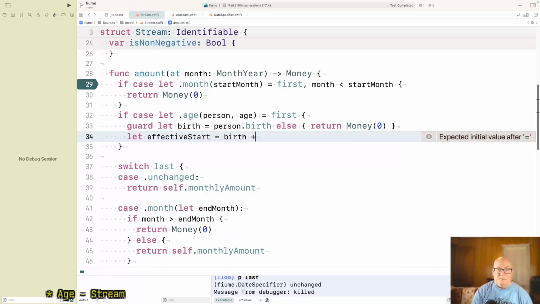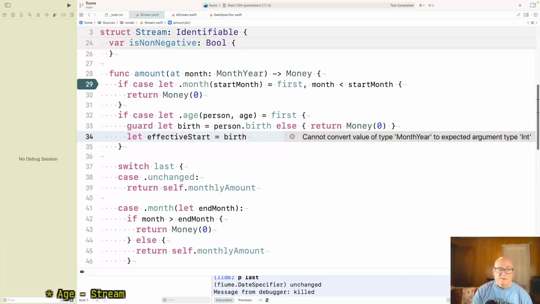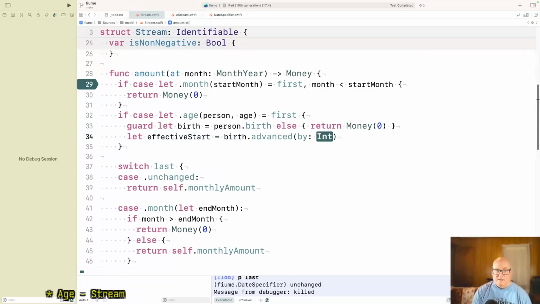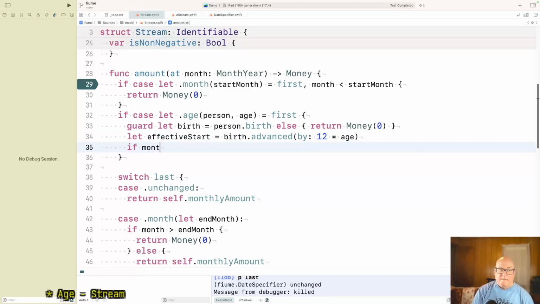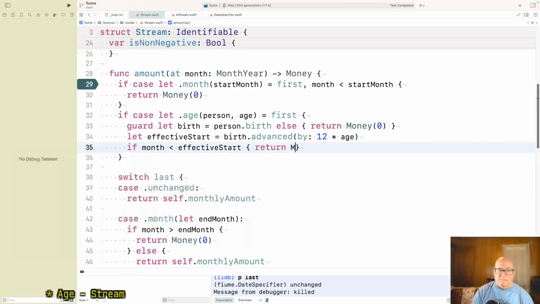so we want the birth plus age times 12. Well, that's not the way to add, is it? Birth dot advanced by 12 times age. Okay. Now, I guess we don't.